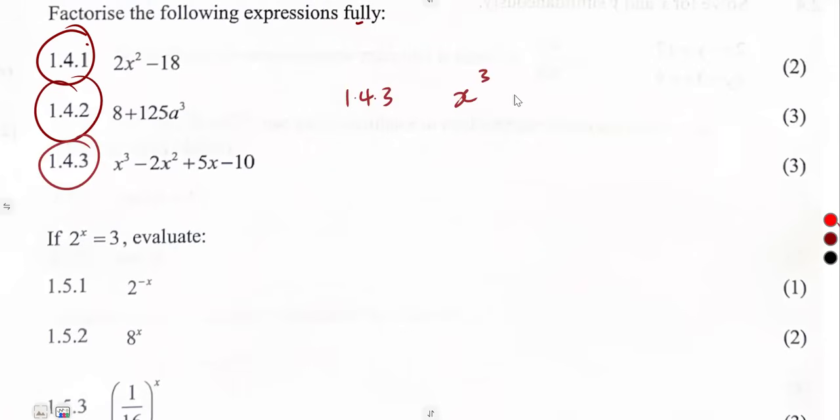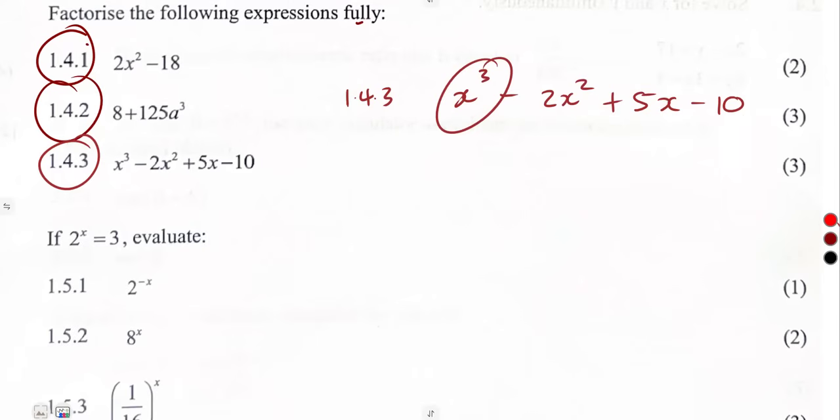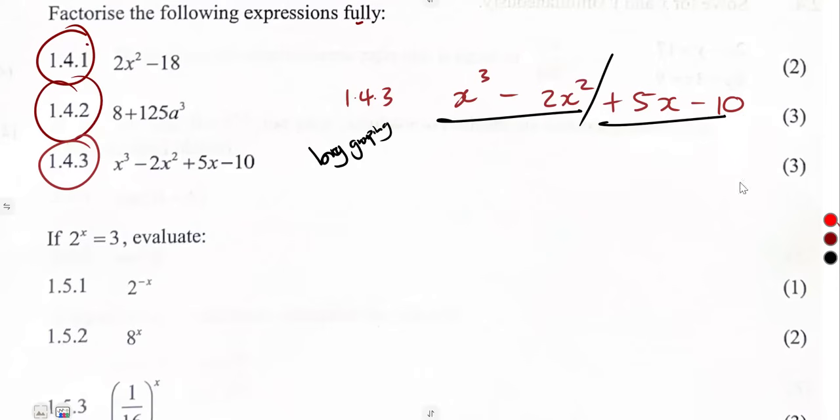1.43, they are giving us here, actually they gave us 4 terms. 1, 2, 3, 4. So we know that when dealing with 4 terms, we're going to do this by grouping. So we can do this by grouping into 2 terms. The first 2 terms, is there anything common? For the last 2 terms, is there anything common?